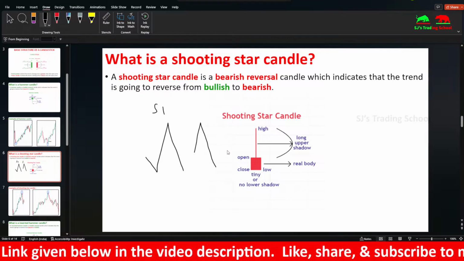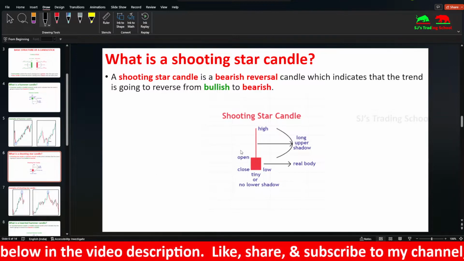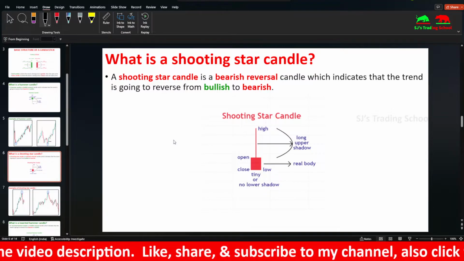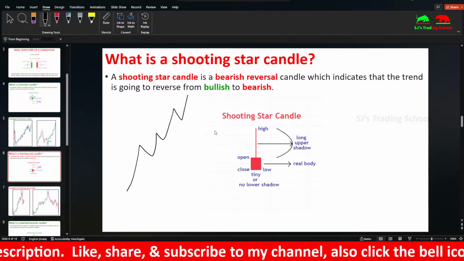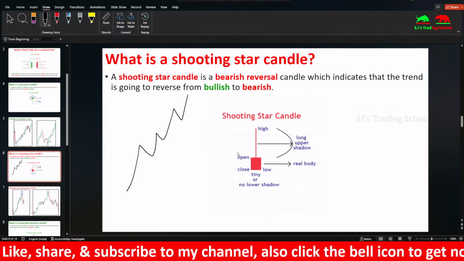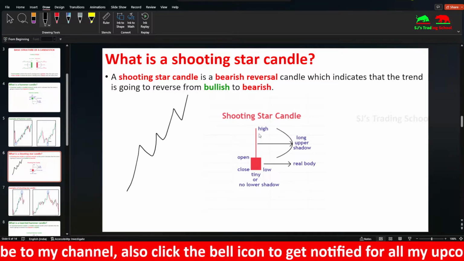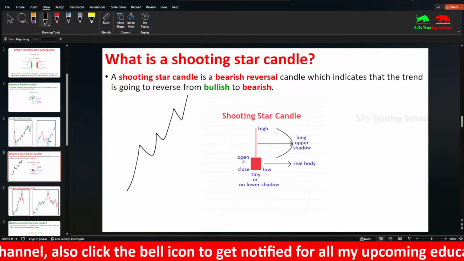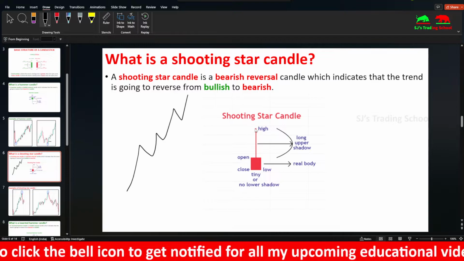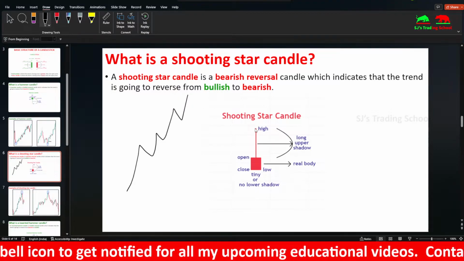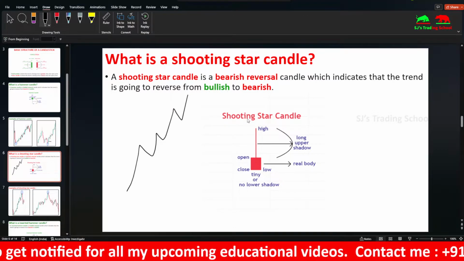What happens here is the price opens, the buyers are strong, and the stock price opens here, but it comes to a low, and then again the buyers increase, pushing the prices higher. But the sellers are coming into the market.